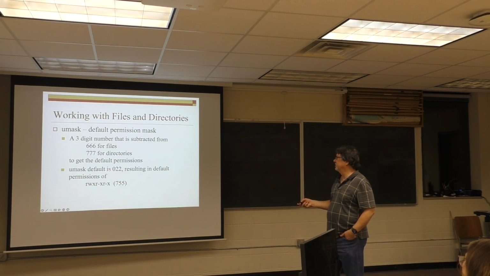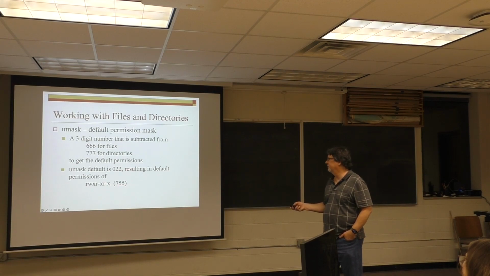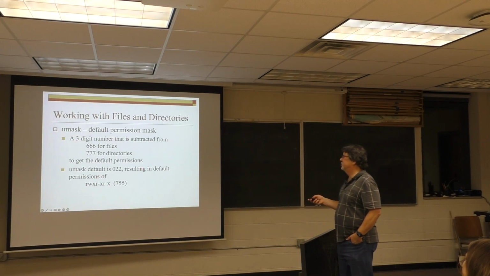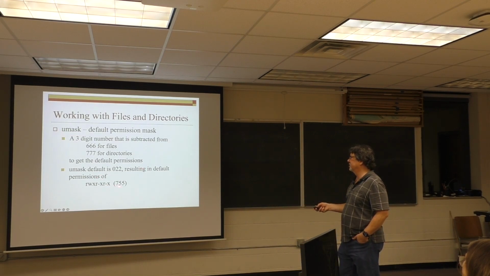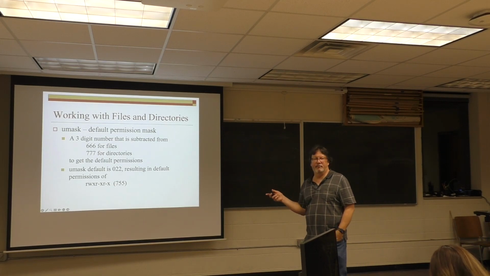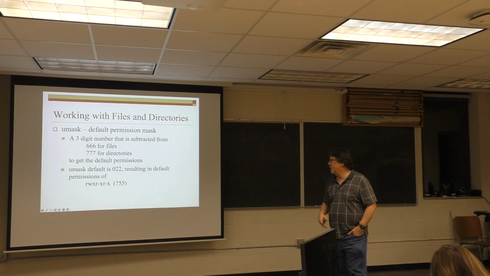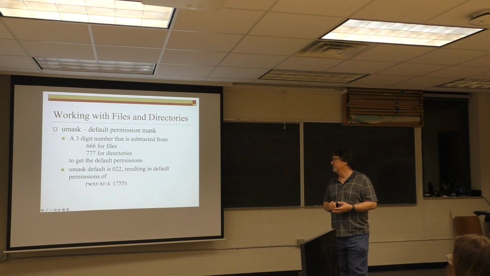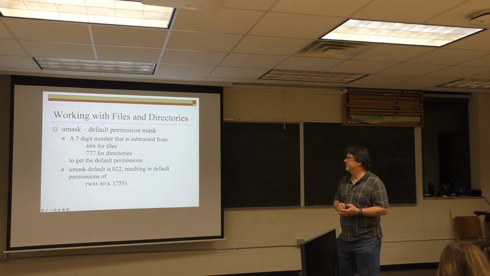The usual default is 022, which ends up with default permissions of, is that right? That sounds like for a directory. Because usually for files, you end up with 644, so there's read and write for you and read for everybody else. You can, in your startup files, type UMask and then a 3-digit number of how you want to set your permissions, something that would be subtracted from 666 for files and 777 for directories.